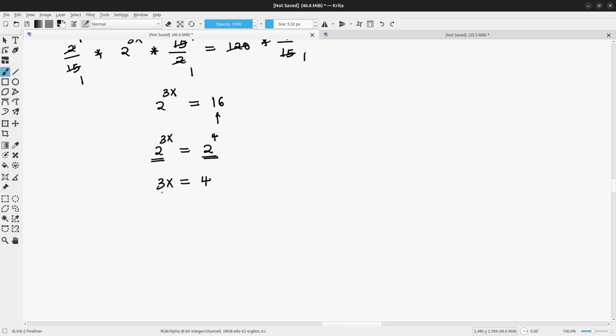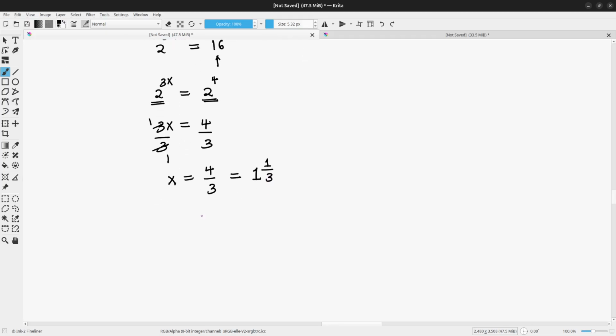To get the value of x, we divide both sides by 3. On the left side, we have x is equal to 4 over 3. 4 over 3 is the same as 1 and 1 over 3. So that is the value of x. So x is equal to 1 and 1/3. So that's the answer.